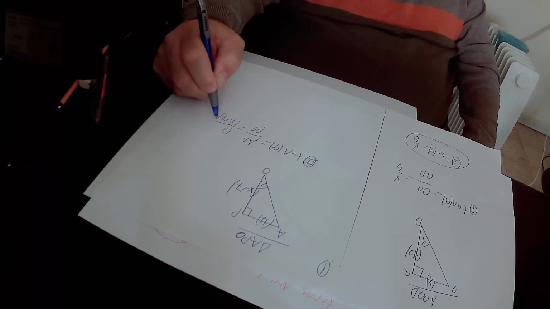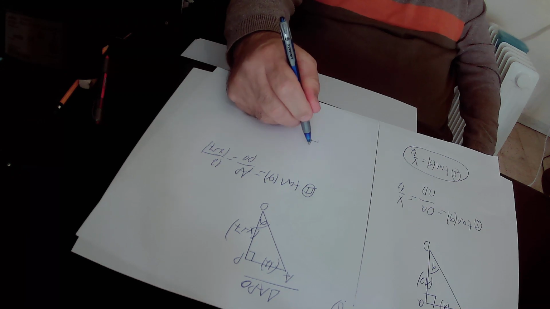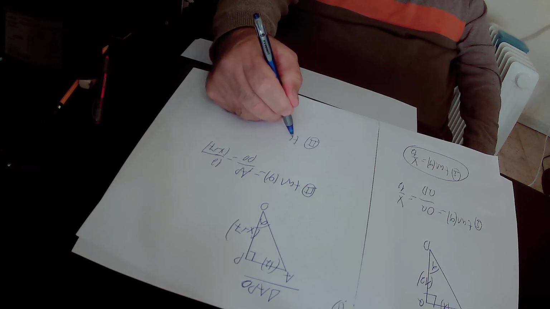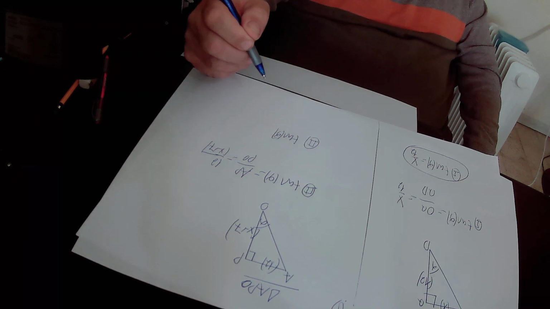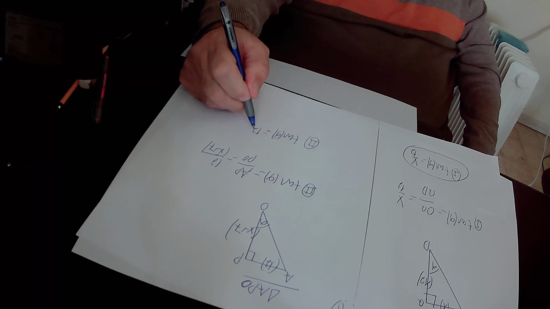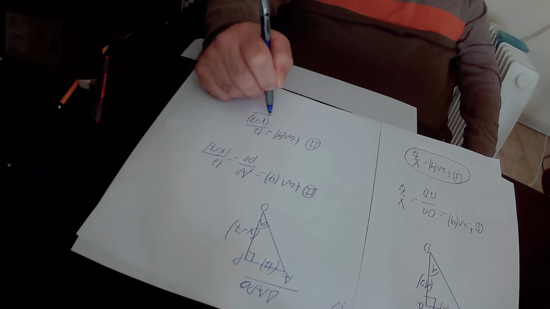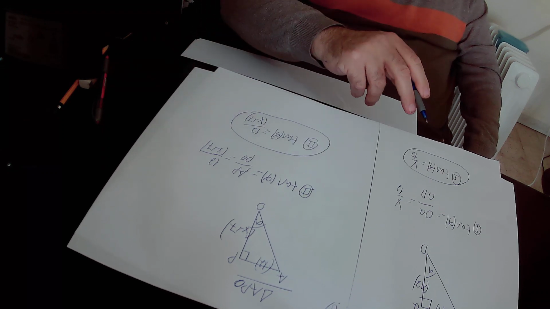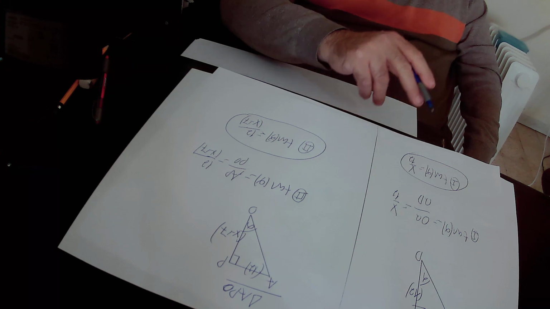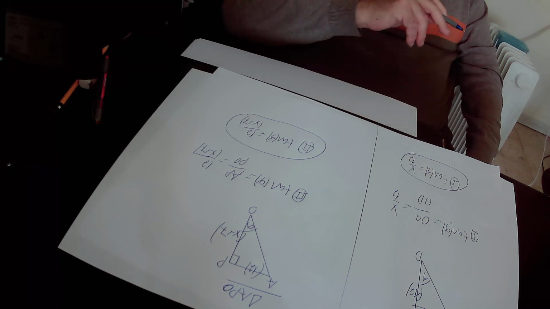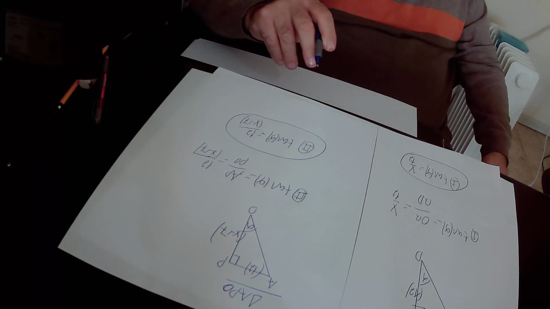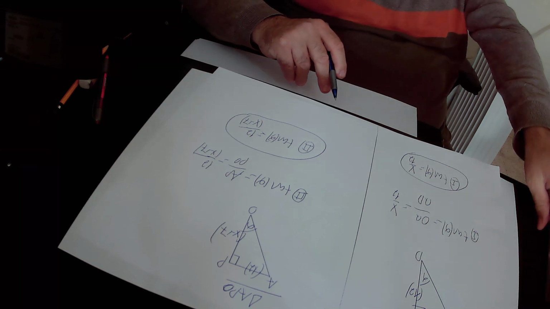So in conclusion, according to equation number 2, tangent alpha equals 12 over x plus 7. According to equation number 1, we have already found that tangent alpha equals x over 12. So we have two different expressions for tangent alpha.